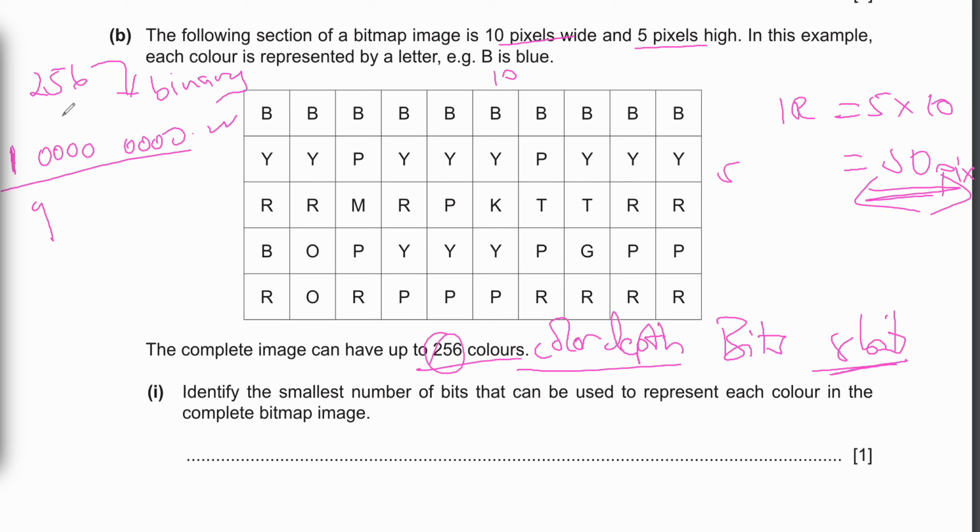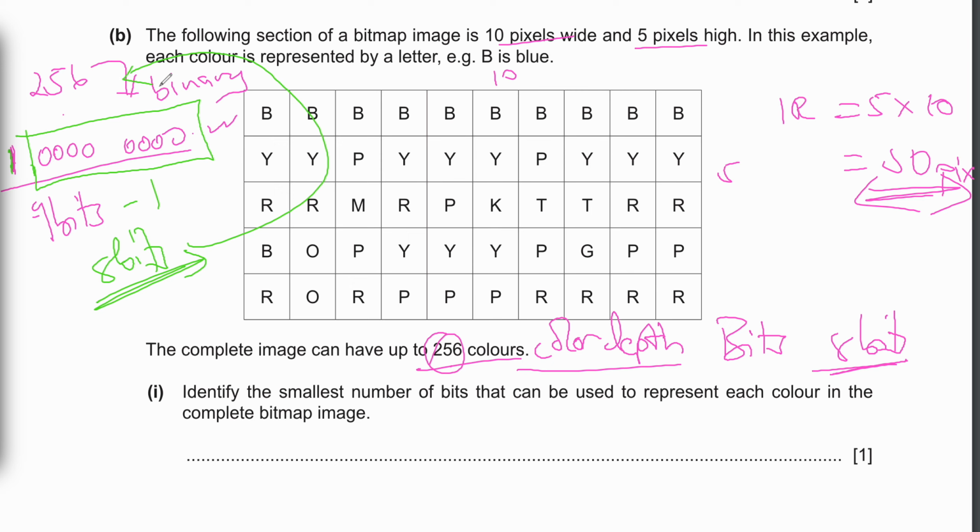So 256 is represented in 9 bits. But check this part. Whenever my conversion gives me only a single 1 and trailing zeros, I have to subtract 1, indicating that 8 bits are used to store 256. I hope that makes sense.